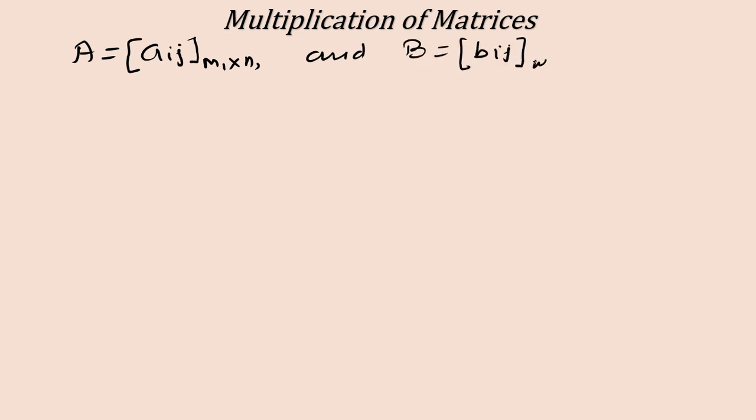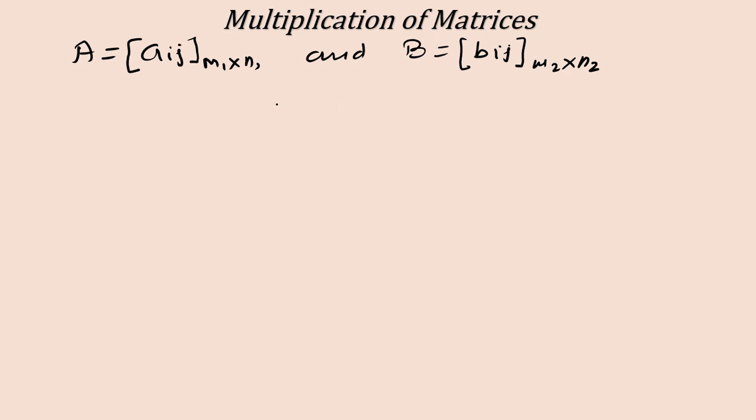If a matrix capital A is of order m1 by n1 and B is a matrix of order m2 by n2. See, I have written the different orders here. It means multiplication of matrices will be possible even when the matrices are of different orders.